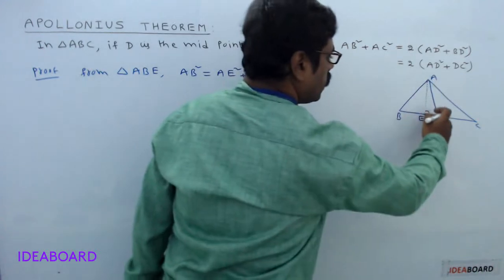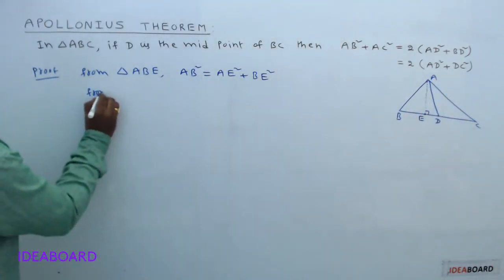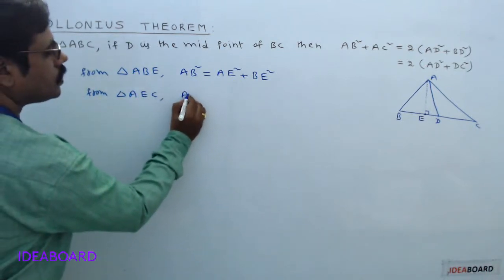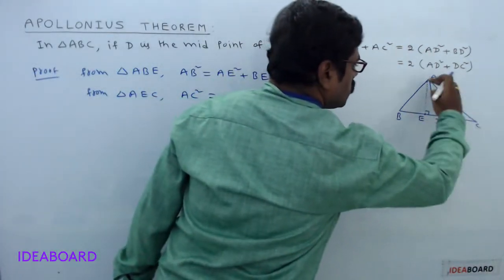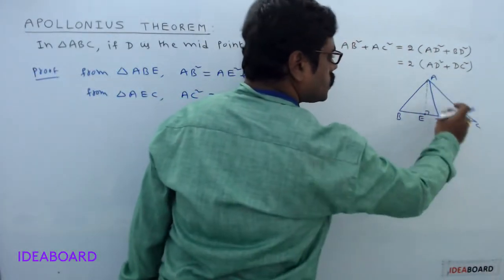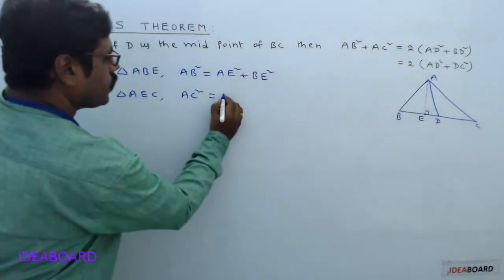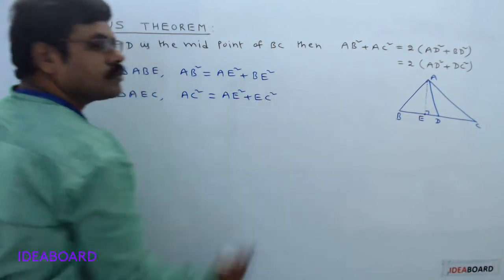Now take the other triangle AEC. In this triangle AC is the hypotenuse, so AC square equals AE square plus EC square.